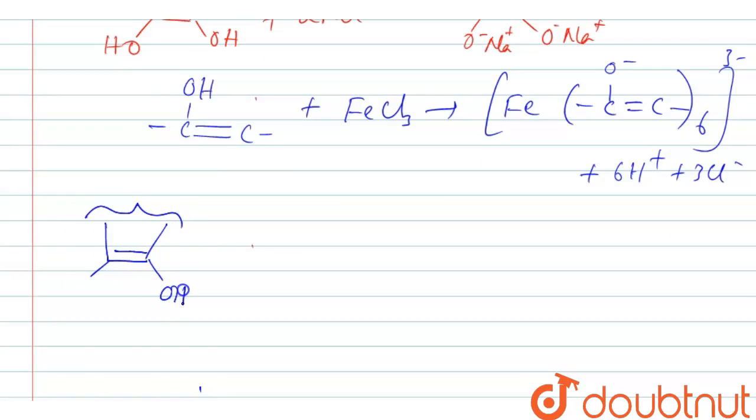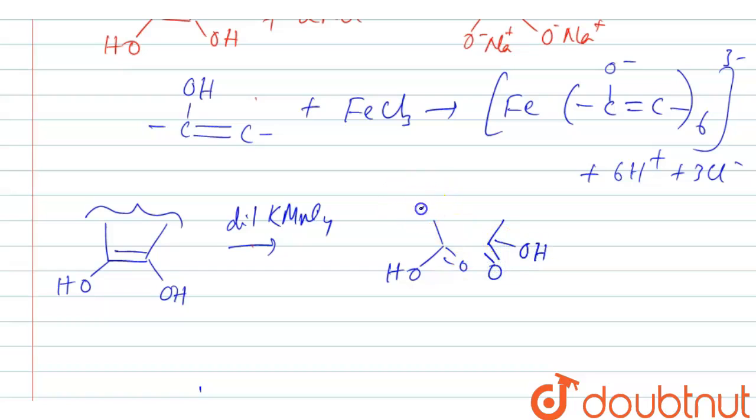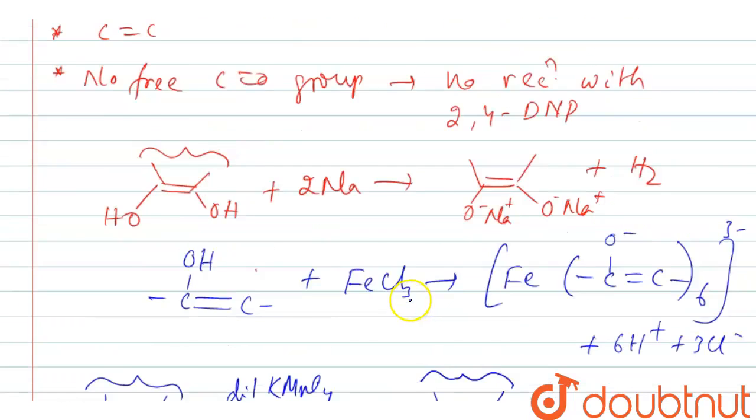Dilute KMnO4 is an oxidizing agent, so it breaks the double bond to form a dicarboxylic acid.